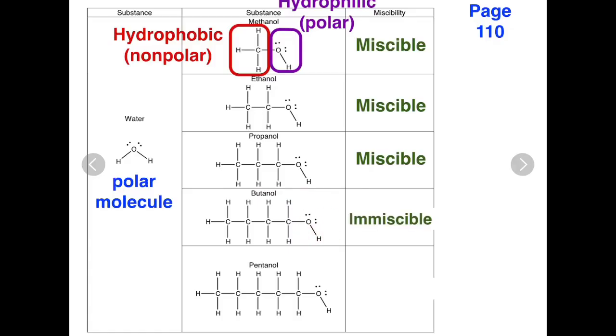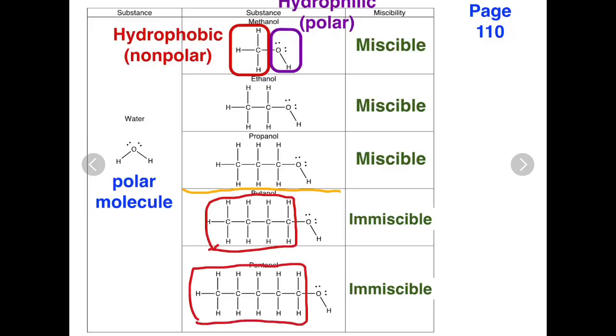However, experimentally, butanol and pentanol actually turn out not to be able to dissolve in water. Why is that? What I would like you to observe is that as the number of carbon and hydrogen atoms increases, you are going to see a decrease in the polarity of the molecule. You are going to see an increase in the non-polarity of the molecule because you are increasing the non-polar part.